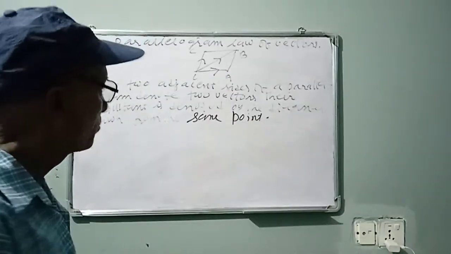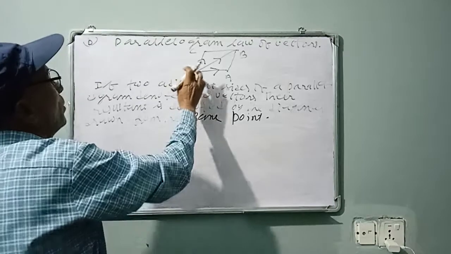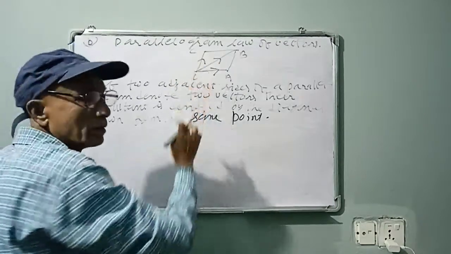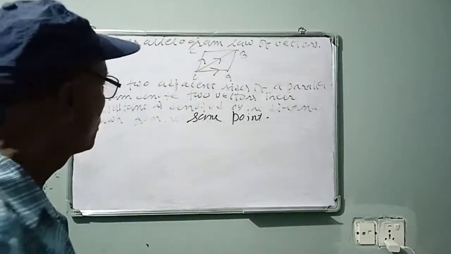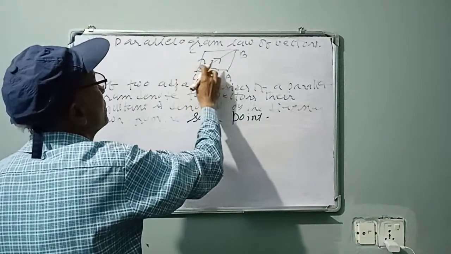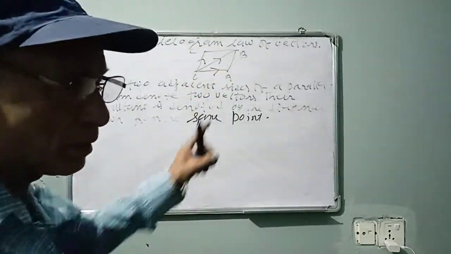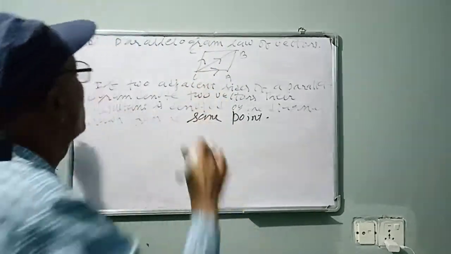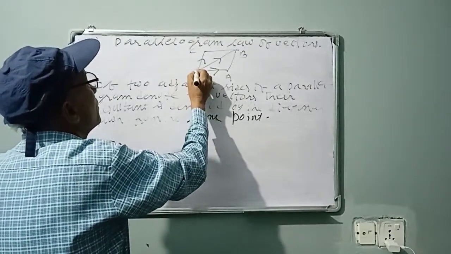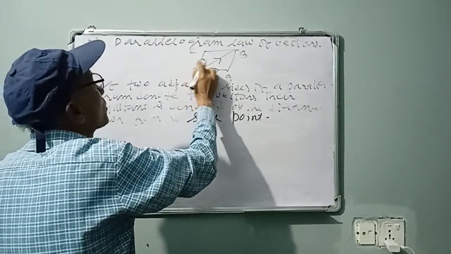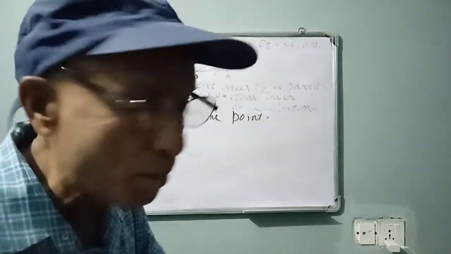OABC एउटा प्याराग्राम छ. OA र OC टु एडजेसेन्ट साइड्स हो. ती दुईटा एडजेसेन्ट साइड्सले दुईटा भेक्टर जनाउँछन् भने त्यही पोइन्टबाट ड्र गरेको डायगोनलले तिनीहरूको सम देखाउँछ.